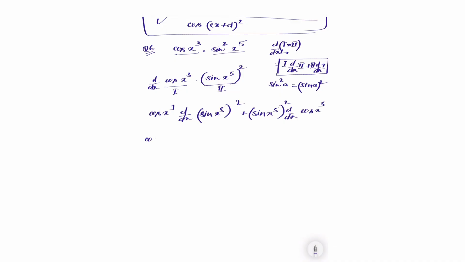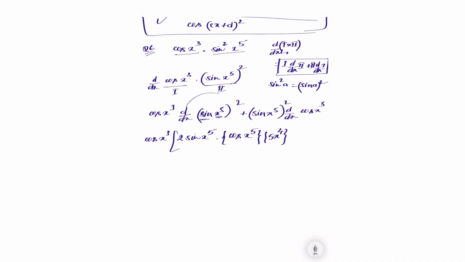Now for the square, x power n becomes n x power n minus 1, it will become sine x power 5. Now sine is there, so sine will become cos x power 5. Now x power 5 is there, it will become 5x power 4. Look, here we are applying the chain rule directly.